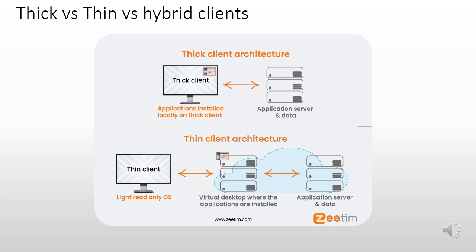A thin client is an application which is not installed on the system, I would say. First, you connect to the server and then get the application and run the application on your end. Hybrid clients are where some portion is installed and some portion is downloaded from the server side. It's a mix of thick and thin clients.